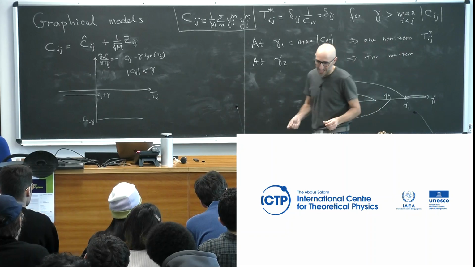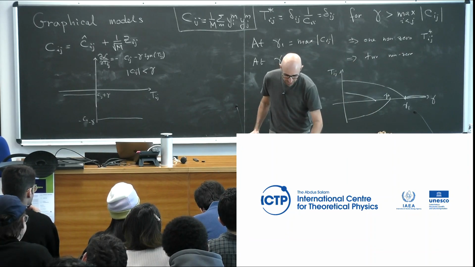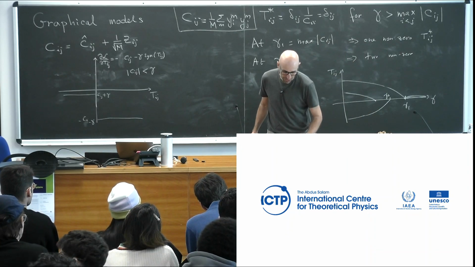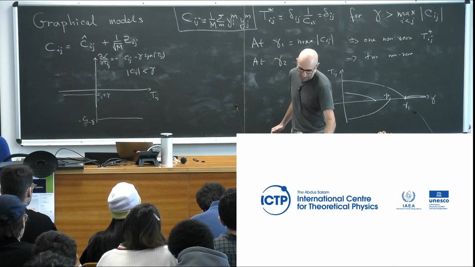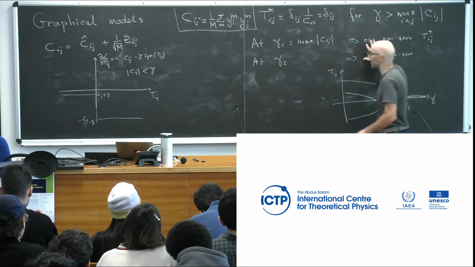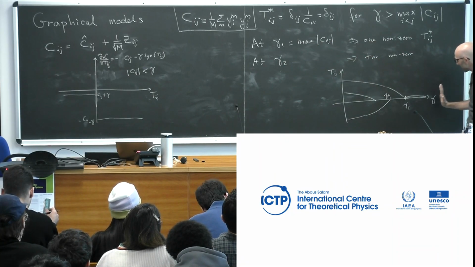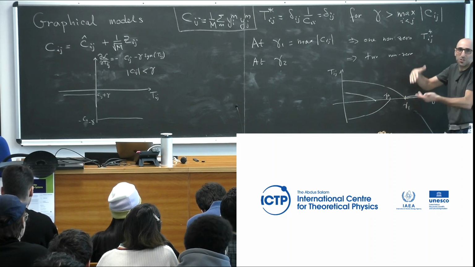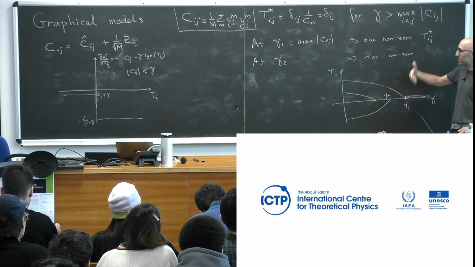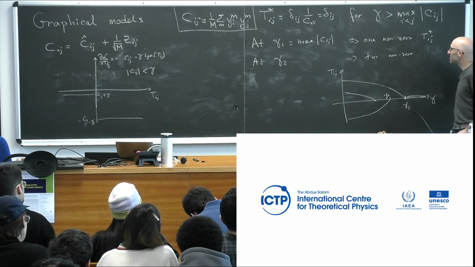So you see that if gamma is large enough, then your matrix is sparse, because most of the elements are 0. And by decreasing gamma progressively, you can control the sparsity of your Tij.